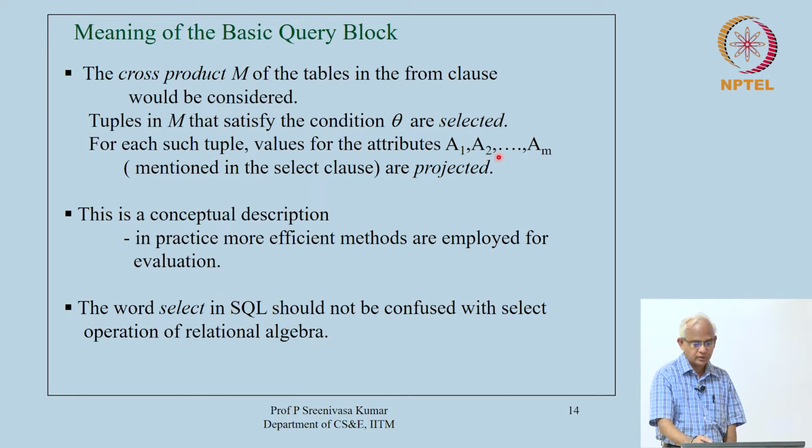So, you can observe the similarities between this and what we had done in the tuple relational calculus. In the tuple relational calculus situation also, we had considered all possible tuple assignments to the free variables in that expression, right.